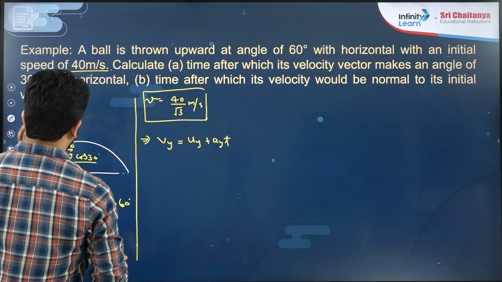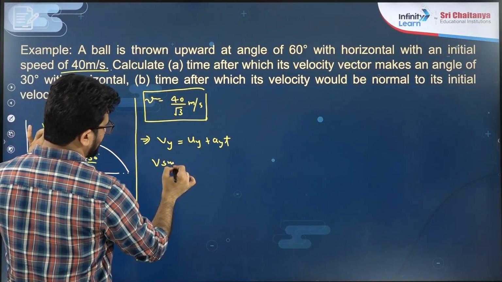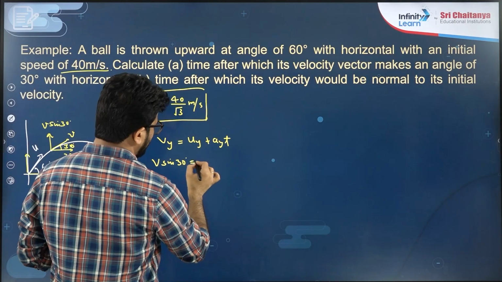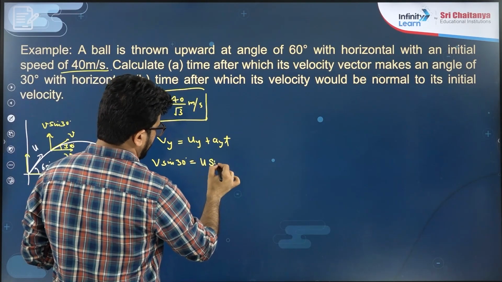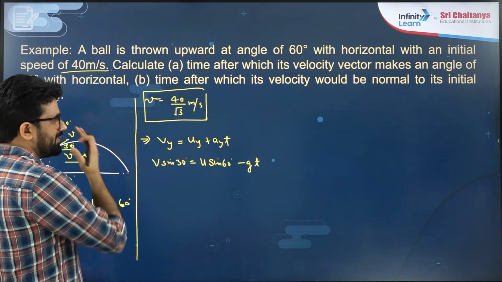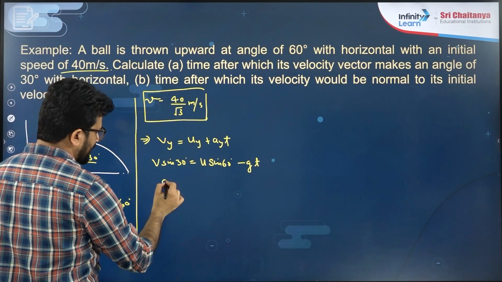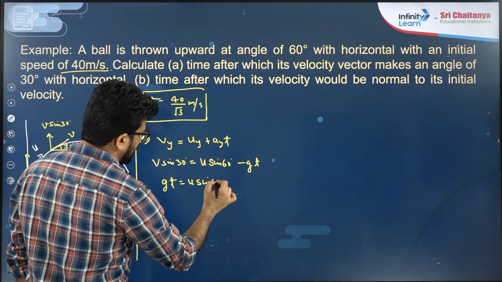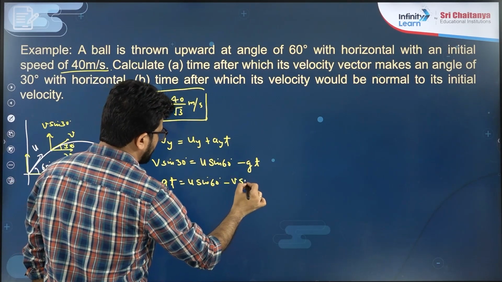What is vy? vy is nothing else, v sin 30 degree, is equal to uy, u sin 60 degree, minus g into t. So from here we can calculate. I am taking gt this side. So gt is equal to u sin 60 minus v sin 30 degree.